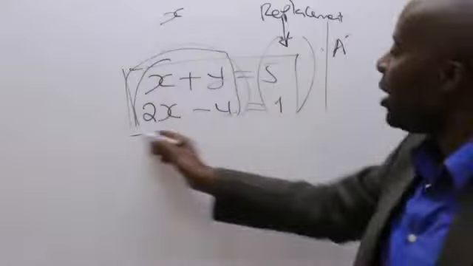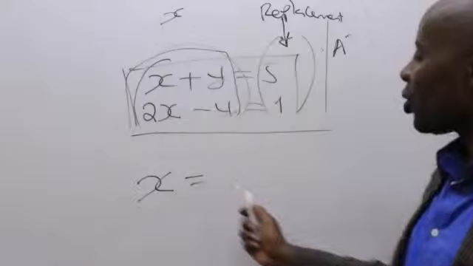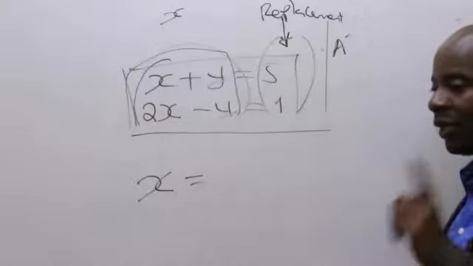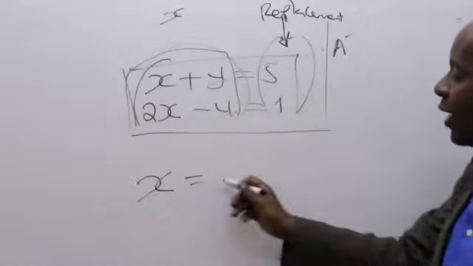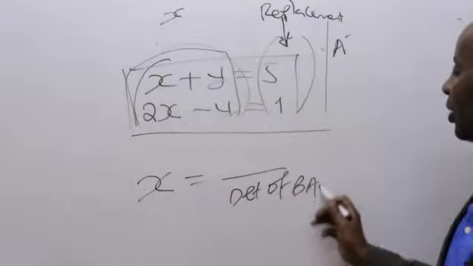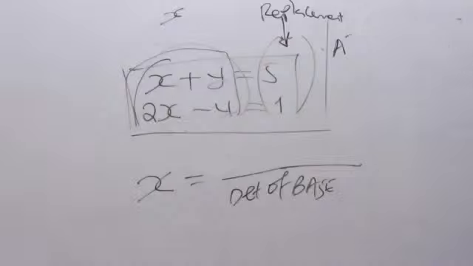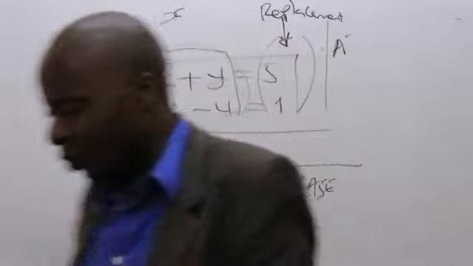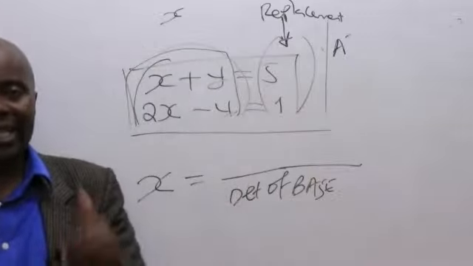Such that if you want me to give you the value of x, listen to me very well, two things. I'll be having the numerator matrix divided by determinant of the base. I wish somebody can just understand this once and for all, because this is quite an interesting thing, something that all of us did in high school.